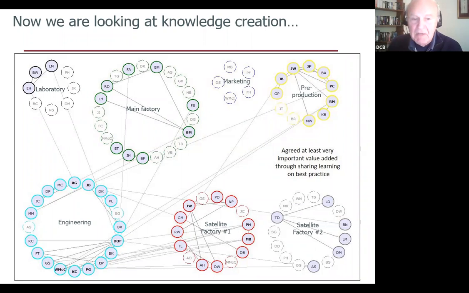You can see the main factory in particular and the satellite factory in the bottom right-hand corner. Neither of those is into learning, and that must raise some questions about what's actually going on there. This is one of the reasons why we like to leave the isolates in at first, so we can see where they are and how many of them there are.